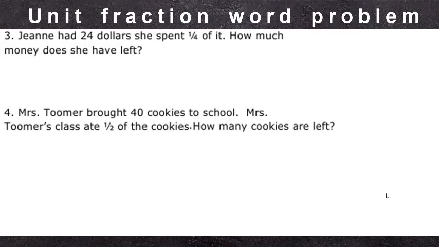Let's solve this word problem. It's easy. You just have to first read and identify the parts. Jean had $24. She spent 1/4 of it. How much money does she have left? Okay, we need to know 1/4 of $24. Remember how to solve this?